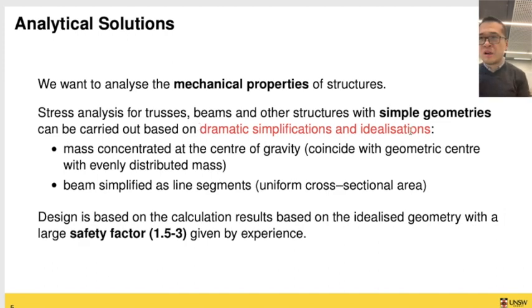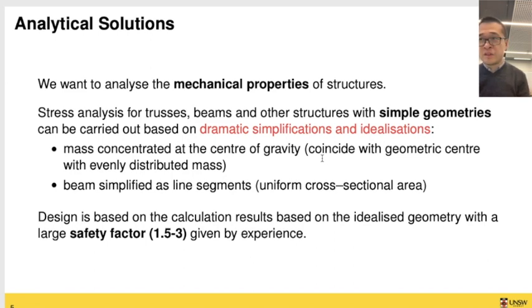Those structures have simple geometry, and we can use some simplification or idealization to work out what happens if forces are applied to them. For example, we can assume that all the mass of the structure is concentrated at one point, as in the example at the very beginning.